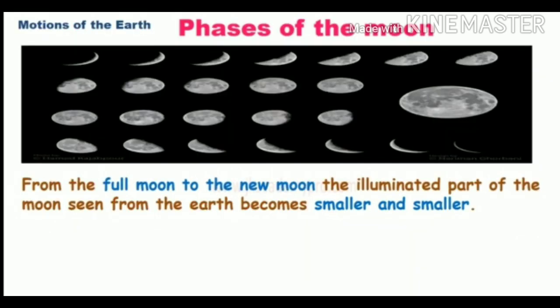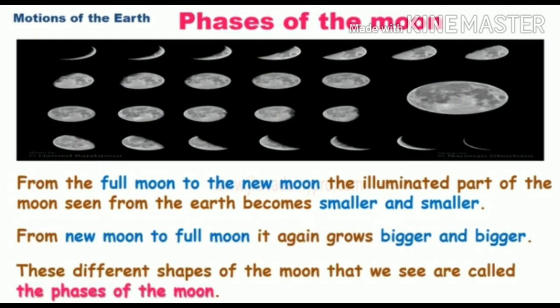From the full moon to the new moon, the illuminated part of the moon seen from the Earth becomes smaller and smaller. The illuminated part means the bright part or the lighted part of the moon. From new moon to the full moon, it again grows bigger and bigger.